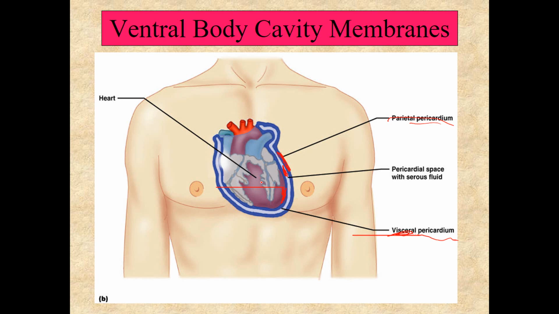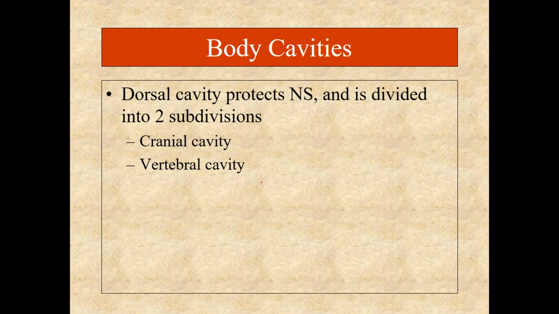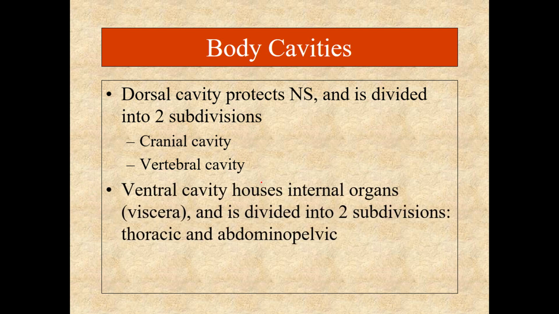So now let's go over these body cavities and break down the subdivisions. As I've already mentioned, for the dorsal cavity, we have the cranial and the vertebral, and the ventral cavity has two major subdivisions, the thoracic and the abdominopelvic. We already said that the cranial houses the brain, the vertebral cavity houses the spinal cord.